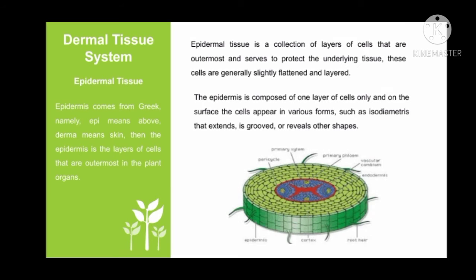The cells are generally slightly flattened and layered. The epidermis is composed of a layer of cells only, and on the surface the cells appear in various forms, such as isodiametric, extended, grooved, or several other shapes.